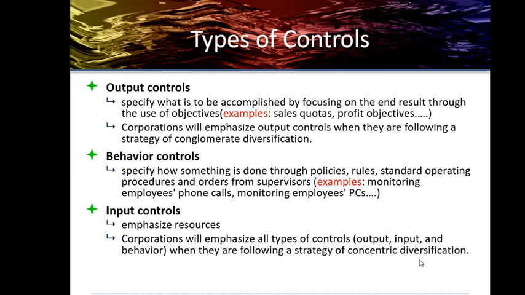That is, I have diversity in products, more than one item and more than one product, but all of my products are in the same industry, not in different industries like the conglomerate diversification. So if you are following the strategy of conglomerate diversification, as we said, use output controls. But if you are using concentric diversification, which is related diversification, then you have to use all types of control: result control, behavior control, and input control.